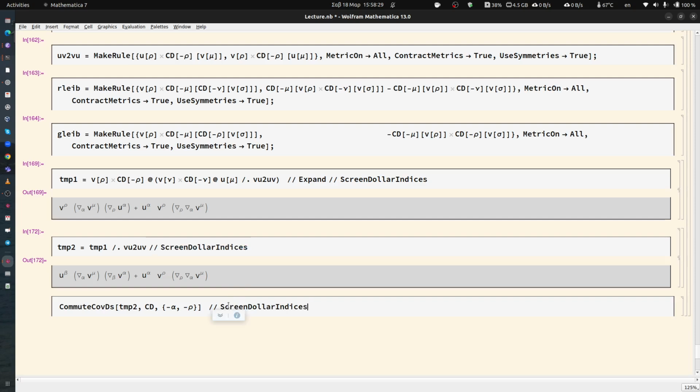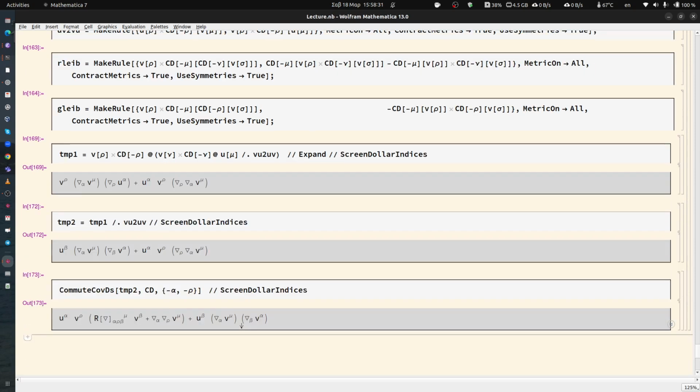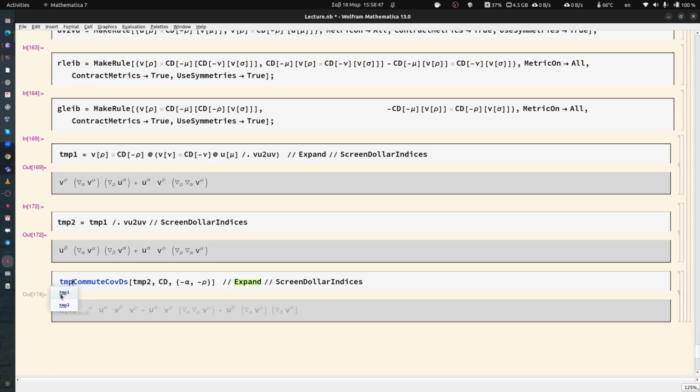So that will give me this expression here. Let me also expand it. And then I obtain this expression here. So let me call this TMP3.